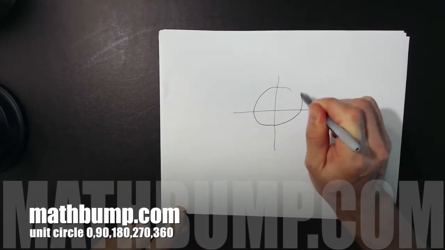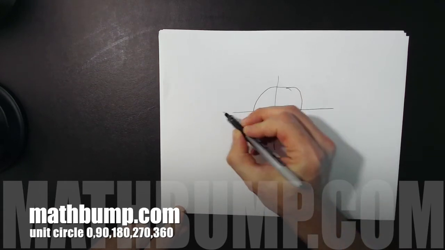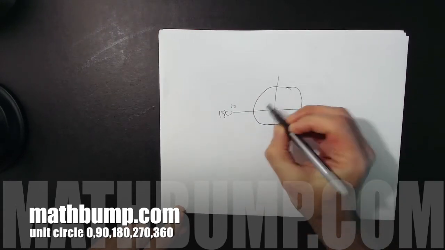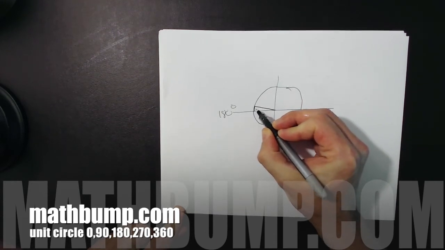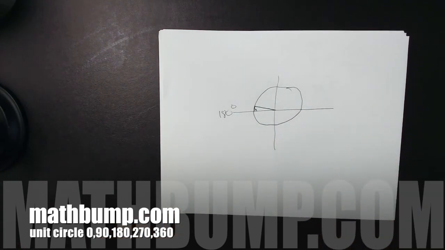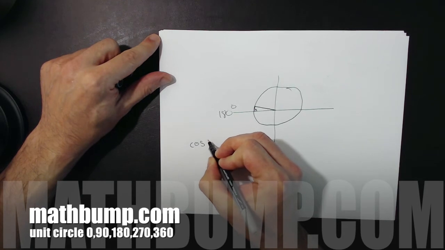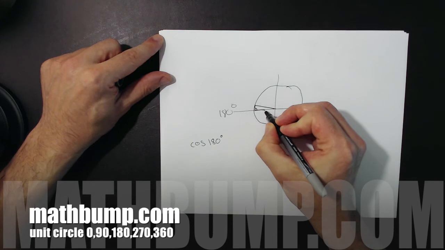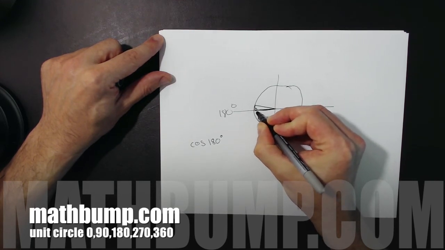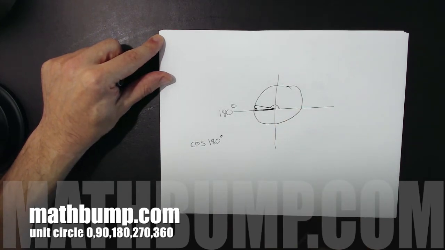So what happens when we get over here to 180? It's exactly the same idea. You just look at the triangle as it approaches 180, and you think, what is going to happen to the x side of this triangle, right? So that would be this here. What's going to happen as this angle here approaches 180?